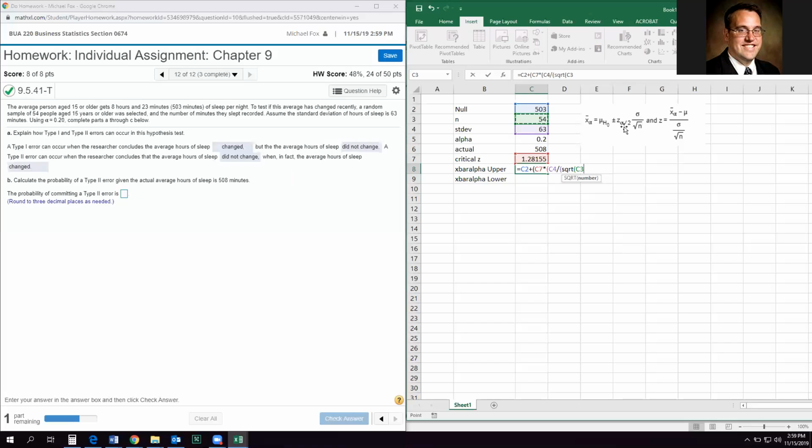So this formula right here. And our x bar alpha lower is going to equal our null minus our critical Z times standard deviation divided by square root of n.